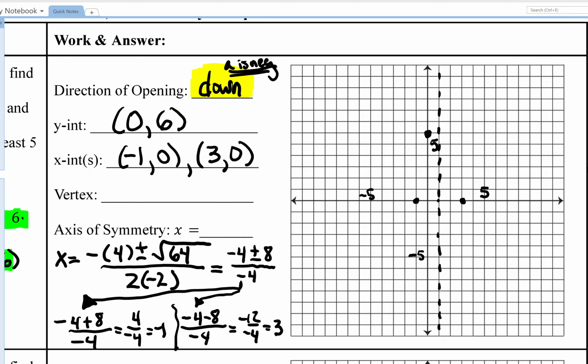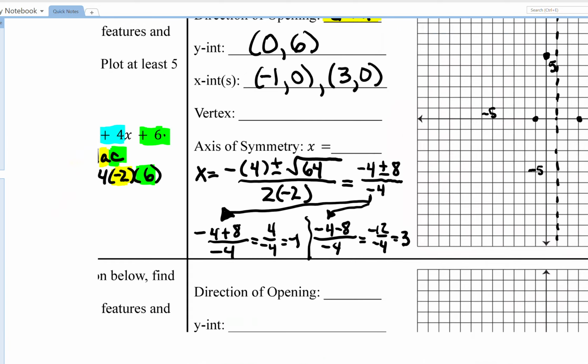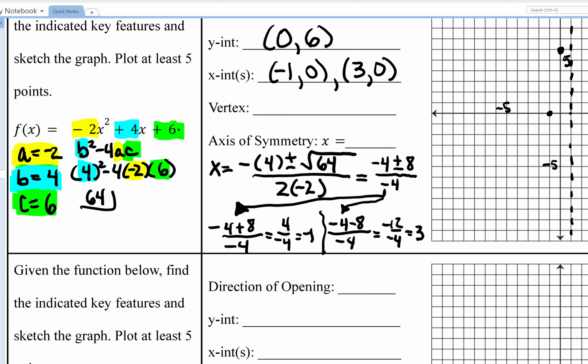To get the vertex, I'm going to take that value and plug it back into my equation. So what is f of 1? That would be -2 times 1 squared plus 4 times 1 plus 6.